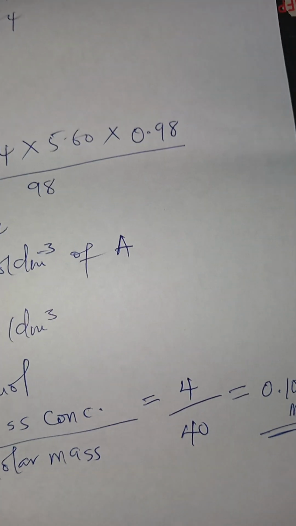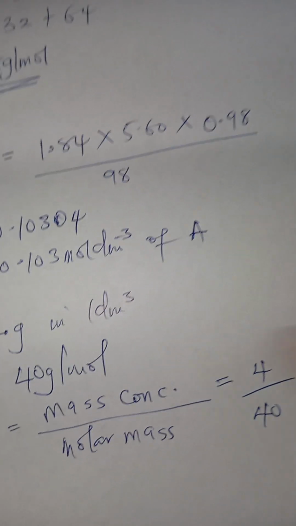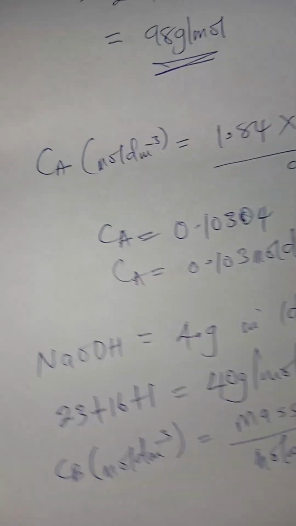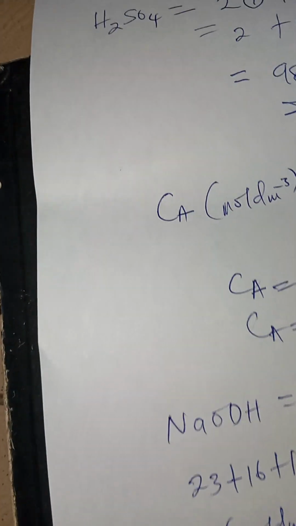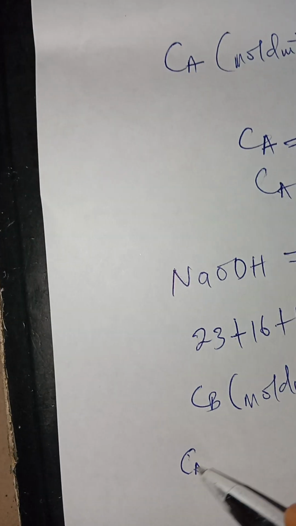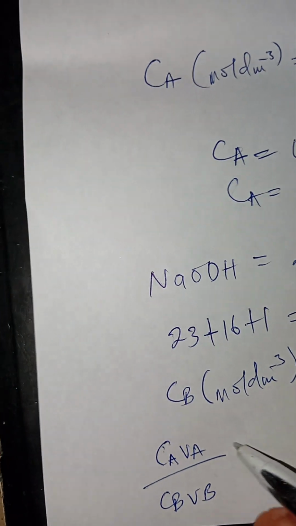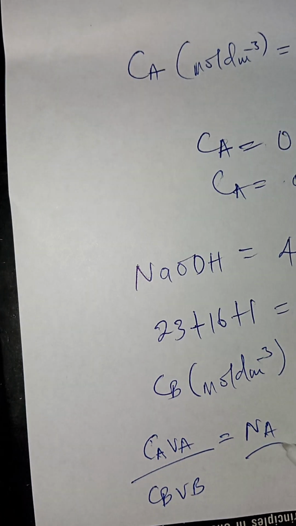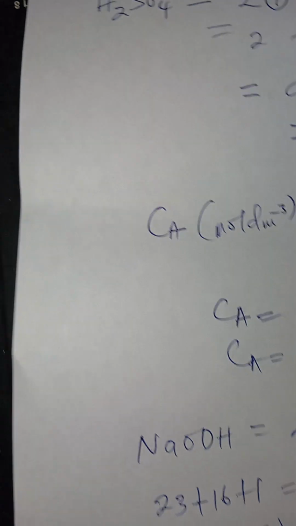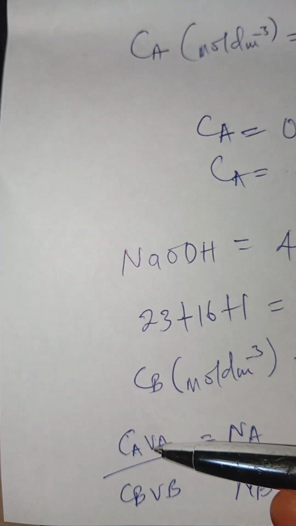Okay, so the next thing to do is to get the theoretical titer value using Ca Va over Cb Vb equal to Na over Nb. Now we'll look for Va. Whatever Va gives us becomes the theoretical value of the endpoint.